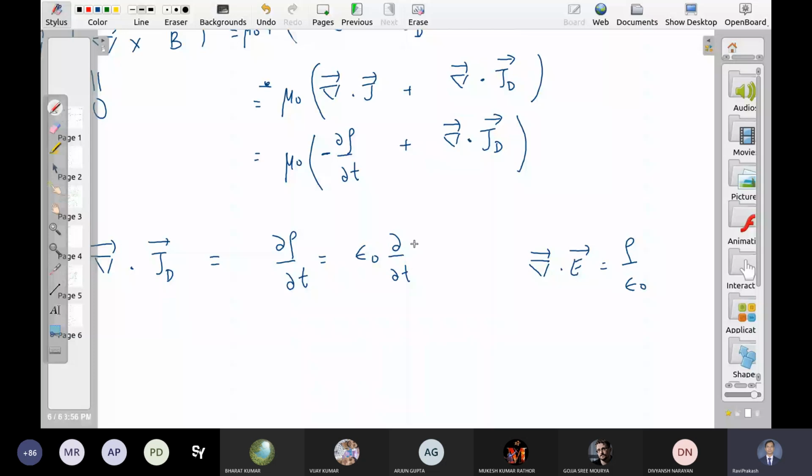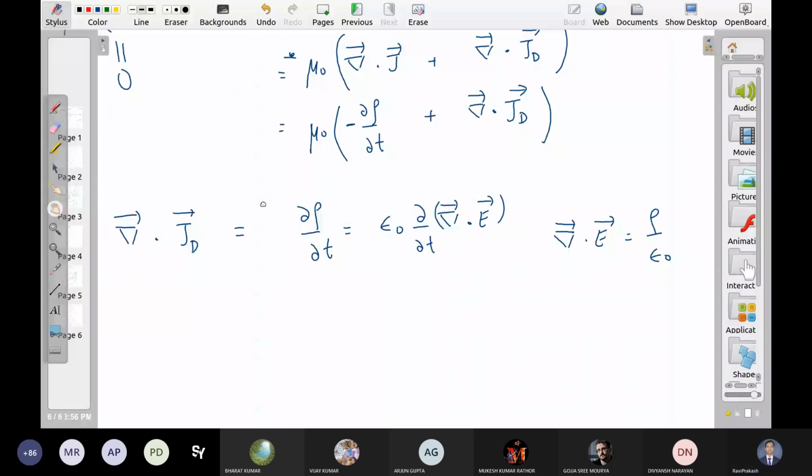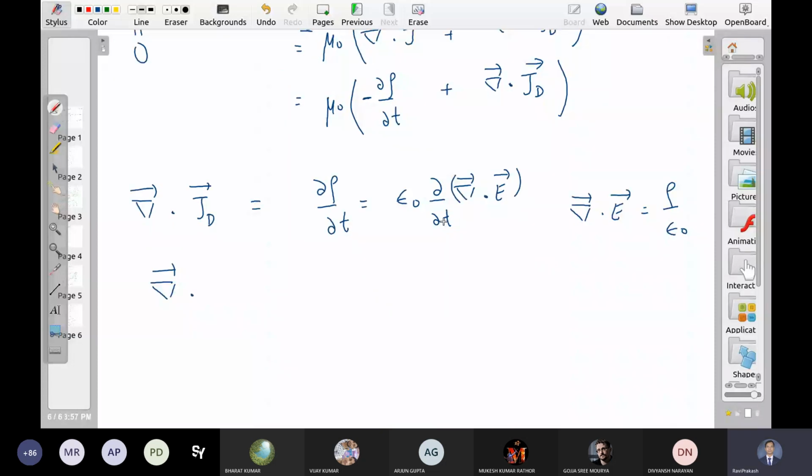This is derivative with respect to time. दोनों independent parameters पर हैं. We can interchange them. ये पोजीशंस पे रन कर रहा है, ये टाइम पे रन कर रहा है. Both are independent. उनका आपस में कोई कनेक्शन नहीं है. So we can take divergence out and time derivative in.